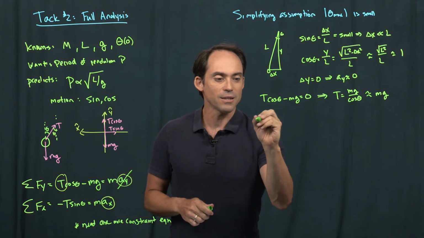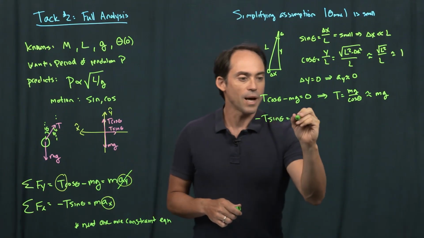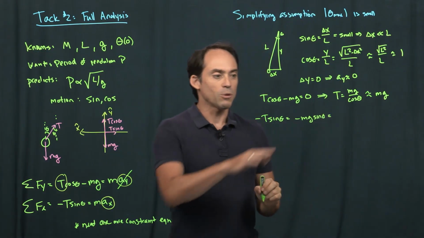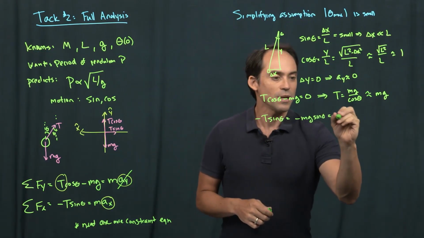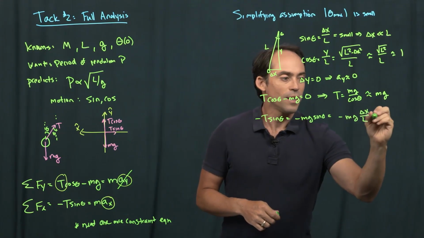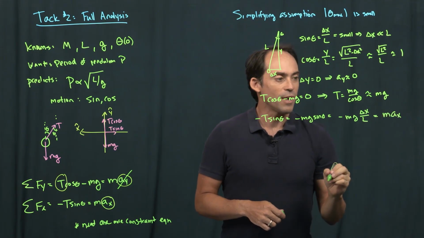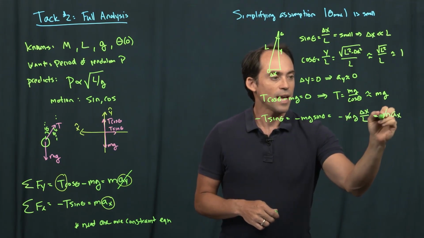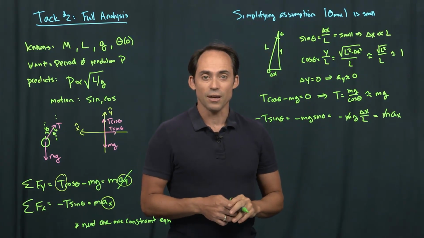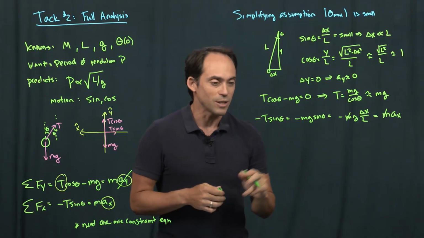We've got minus T sine theta. Well, now we can put in minus mg sine theta. And we can replace our sine theta with our displacement, so it's minus mg delta x over L. And that's equal to the mass times the acceleration of x. And the masses cancel. And if I rewrite this now in terms of the calculus definition for acceleration, right?